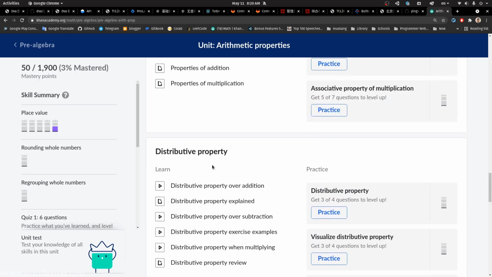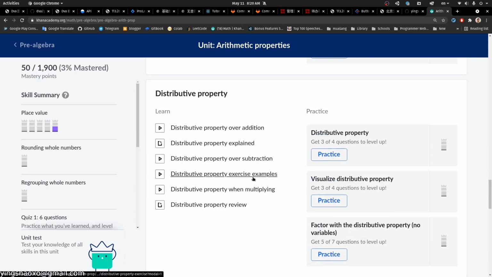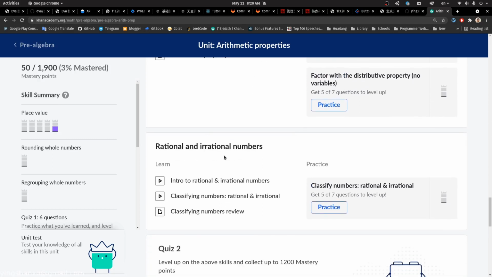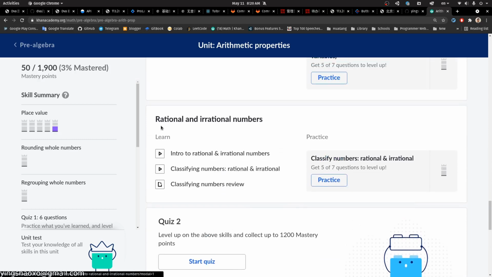The rules of addition, subtraction, multiplication, or division, we have already learned in our past education experience. The reason that you do not know is probably the rational and irrational numbers. So we could have a check on those two videos.